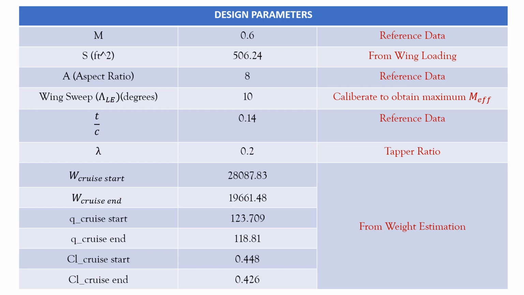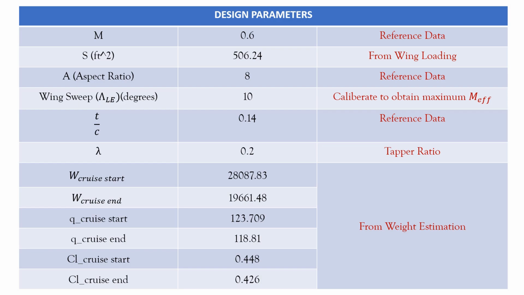Now, we may note that we have CL cruise at start and CL cruise at end. So based on this, 6 series airfoils can be chosen because they generally exhibit good performance at both subsonic and supersonic Mach numbers.